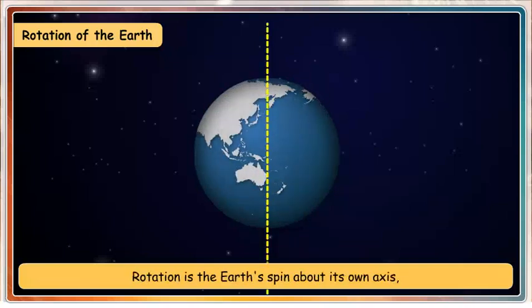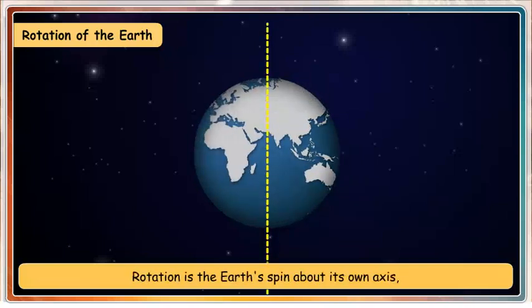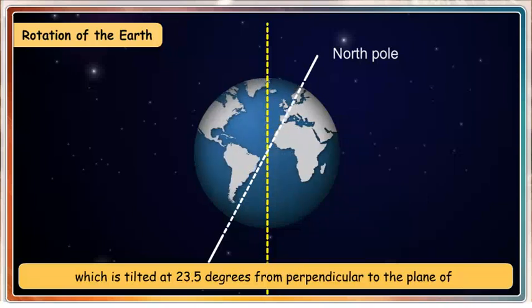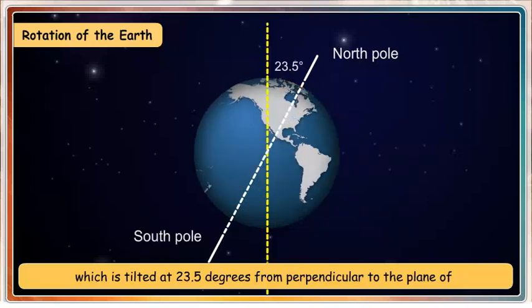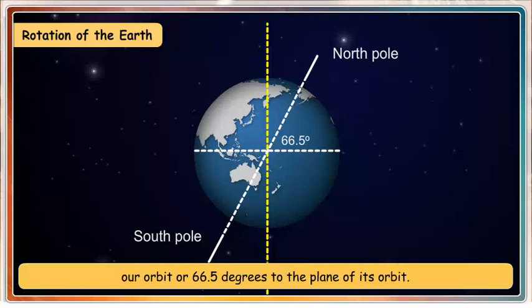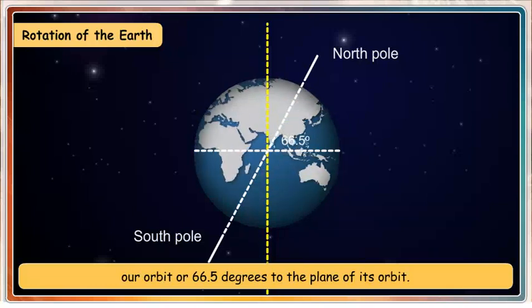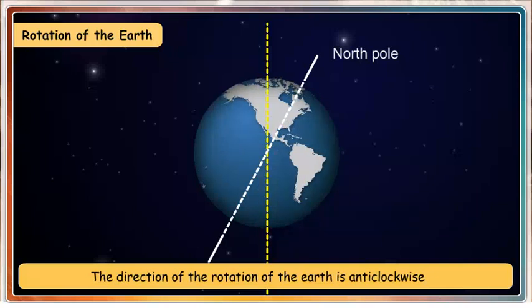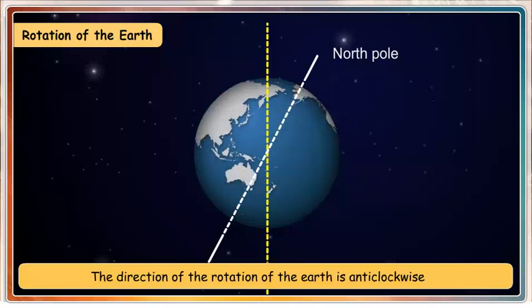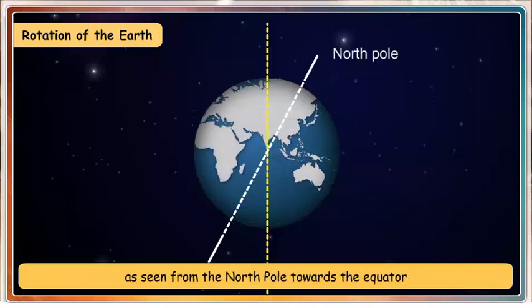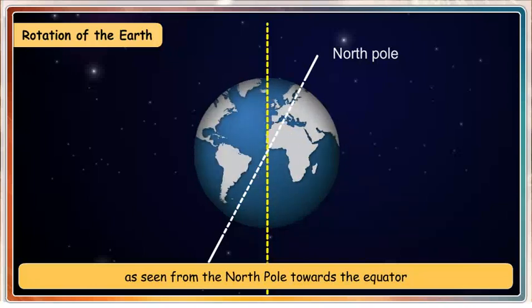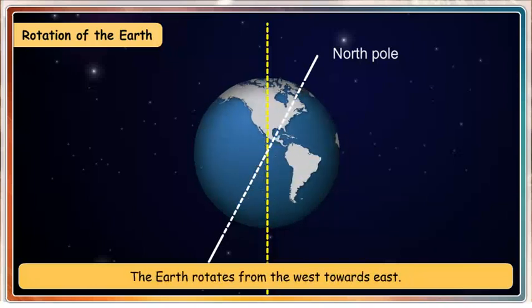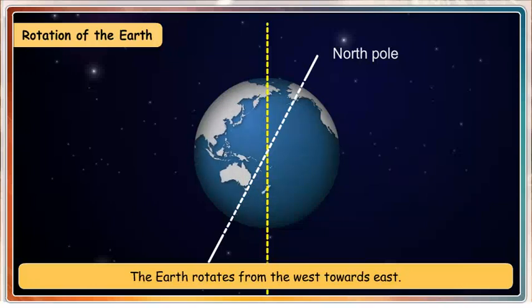Rotation is the Earth's spin about its own axis, which is tilted at 23.5 degrees from perpendicular to the plane of its orbit, or 66.5 degrees to the plane of its orbit. The direction of the rotation of the Earth is anti-clockwise, as seen from the North Pole towards the equator. The Earth rotates from west to east.